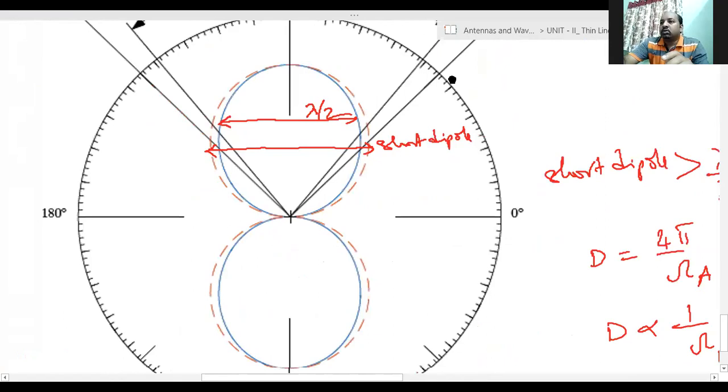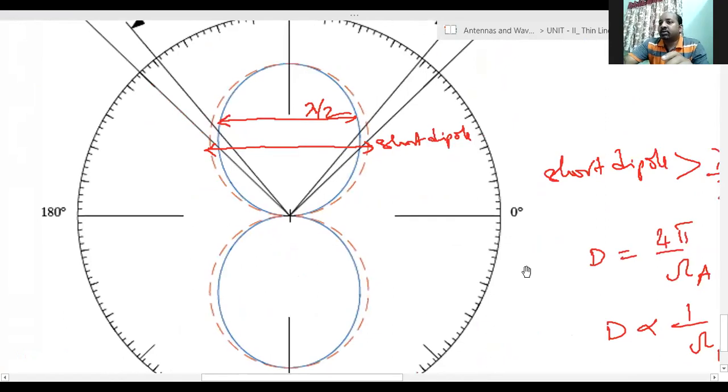This is the radiation pattern of a short dipole as well as a half wave dipole. The red dotted line is the radiation pattern of the short dipole, whereas the blue line is the radiation pattern of the half wave dipole.